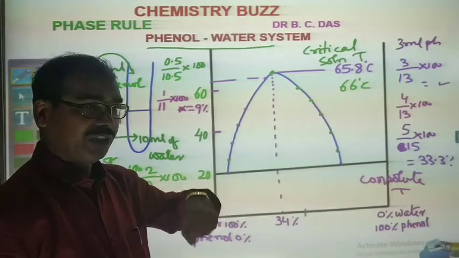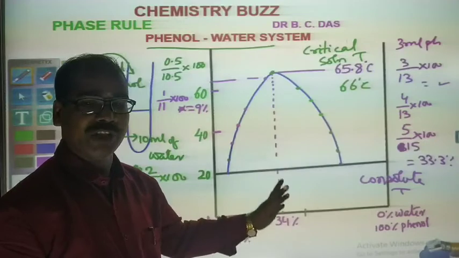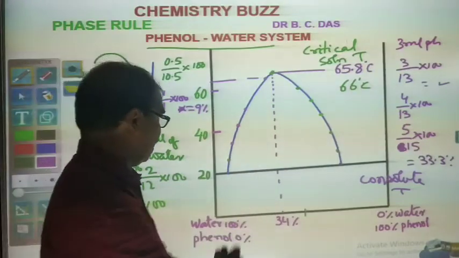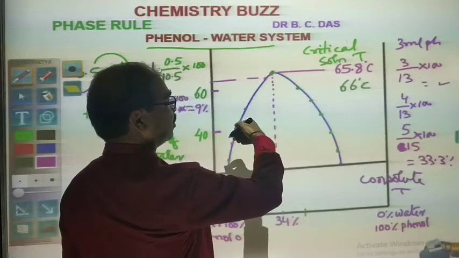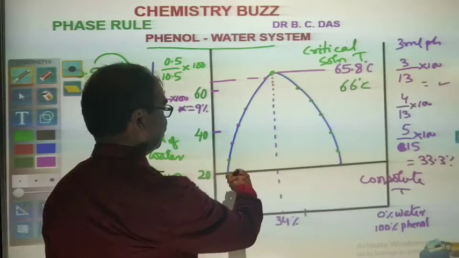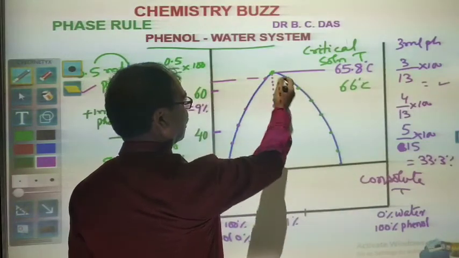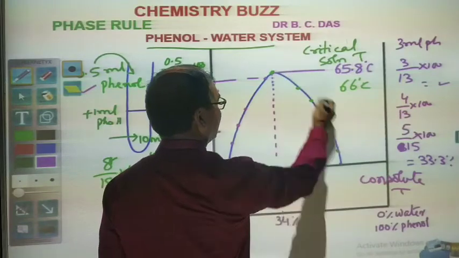So above the consolute temperature, the two components are miscible in all proportions, and this is the upper critical solution temperature or upper consolute temperature, because we are getting this type of curve.